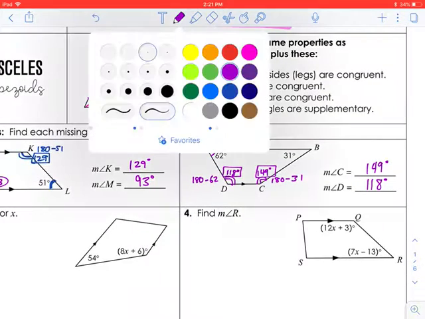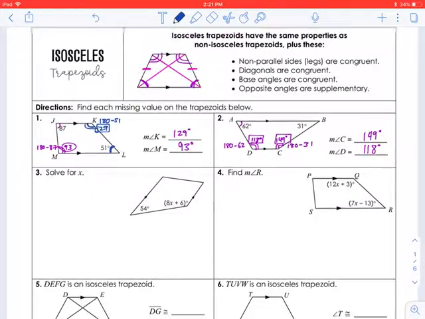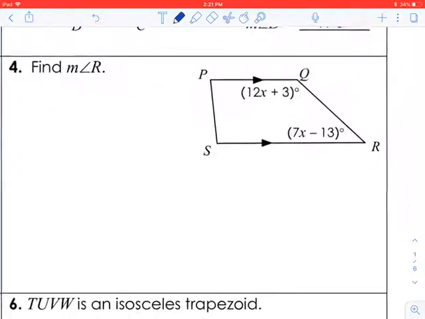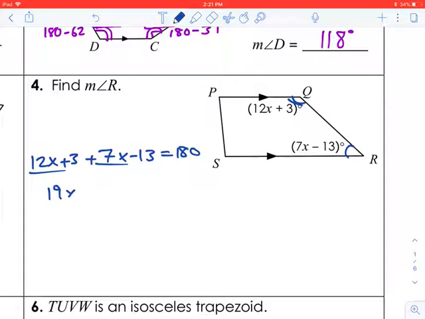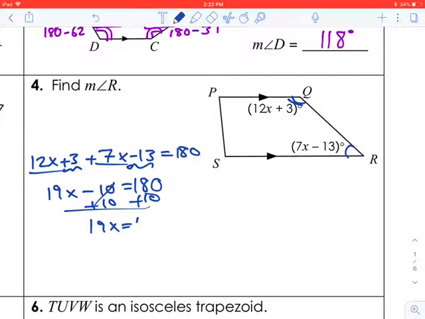All right, so looking at these next two, looking at number 4, for instance. A lot of the time we're setting things equal. In this case, these are not equal. These are supplementary. So I would actually add these together to equal 180 since they are supplementary. Okay, so that gives me 19x minus 10 equals 180. So I add 10 to both sides, 19x equals 190.